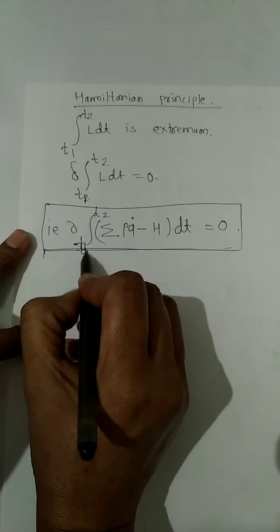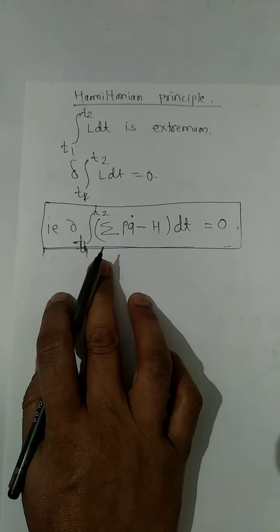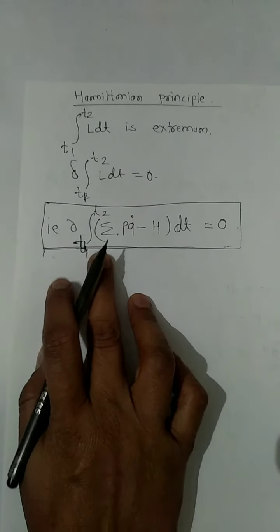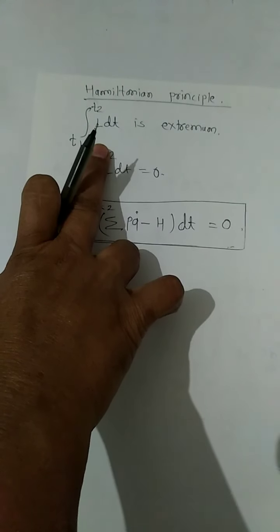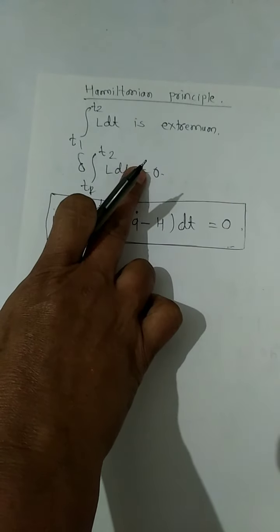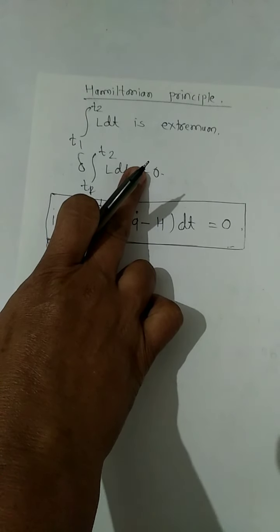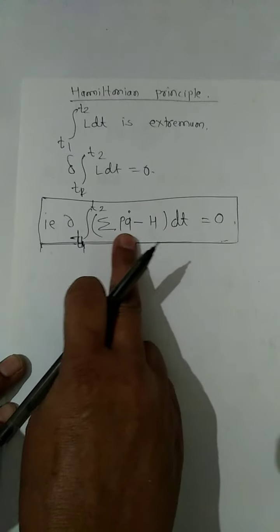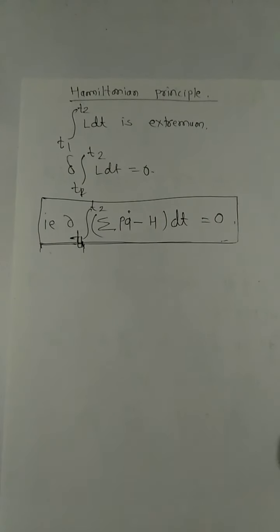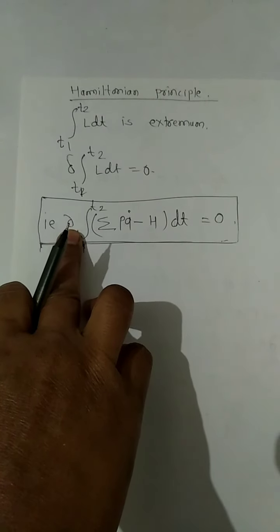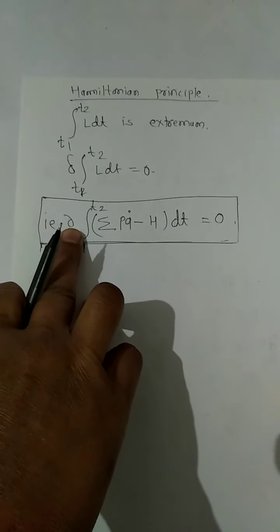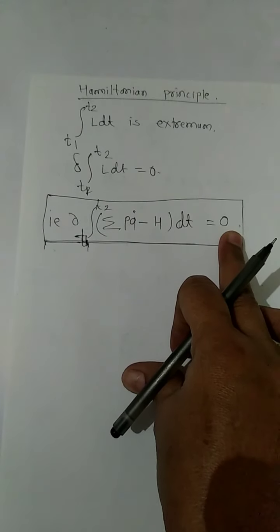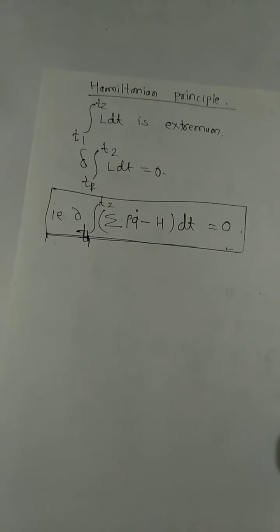Hamiltonian principle means the motion of the dynamical system from time t1 to t2 is such that the line integral is equal to 0, or this line integral is extreme, and this means that the variation in the actual path followed by the system is equal to 0. Means put the value of L equal to summation of PQ dot minus H in this integral, and that variation means derivative that is equal to 0, and this is the Hamiltonian principle.